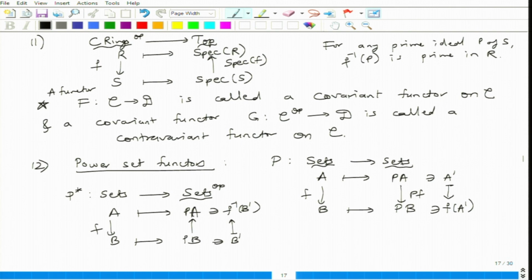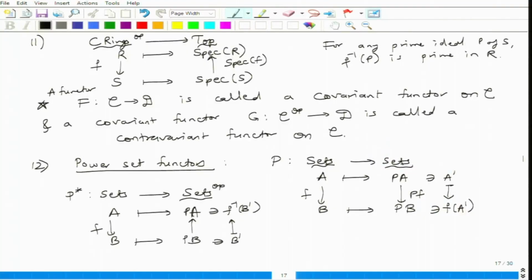You can see that this sense of direction is already inbuilt in our mathematics. Inverse image has to do with reversing the arrows, and not preserving the arrows. So therefore I said there are two power set functors.